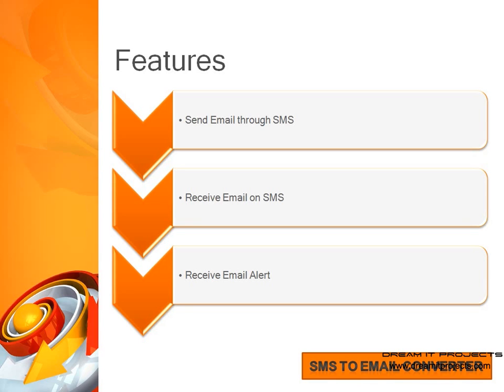So it will send the sender's name and the subject of the mail, and also receive email alerts. If you have multiple email accounts registered and multiple new unread emails, it will send a message saying you have 200 or 300 emails on this email ID.